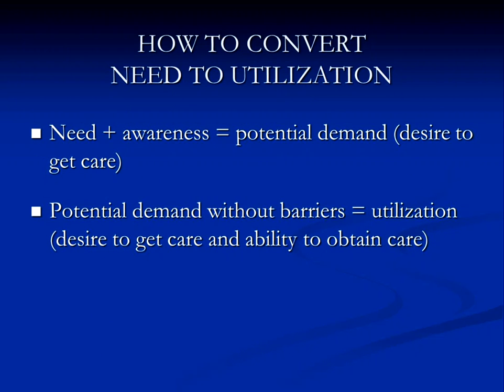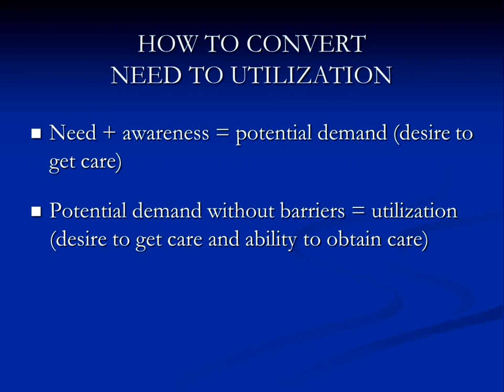So how do we convert all of this into utilization? What we know is that once we add awareness to a patient's need or community setting, what they need, we're creating potential demand, or the desire to get there. So we have the need, that professionally defined aspect of what needs to occur to get somebody healthier.